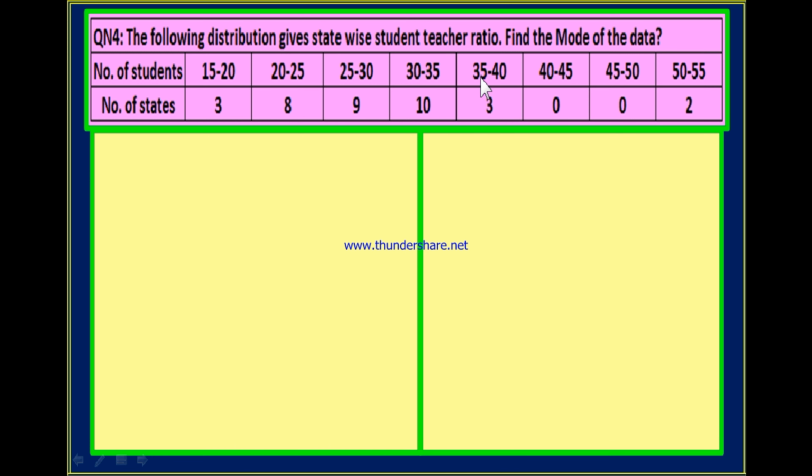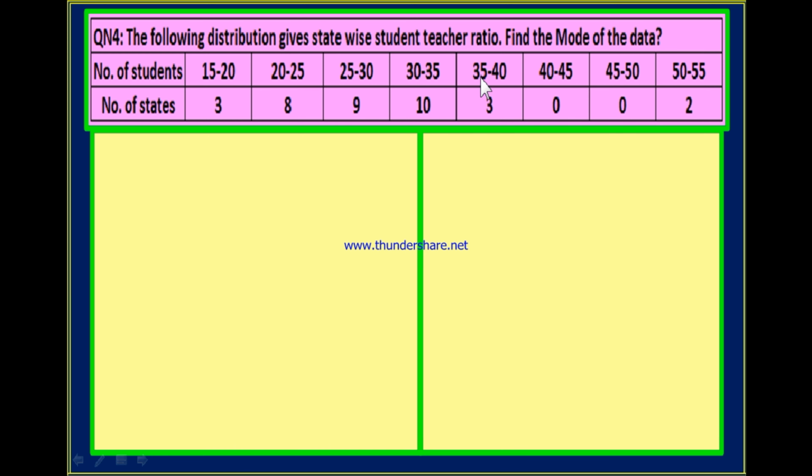And between 35 to 40, number of states 3. 40 to 45, number of states 0. 45 to 50, number of states 0. But whereas from 50 to 55, the number of states is equal to 2. This is the group data given for us.